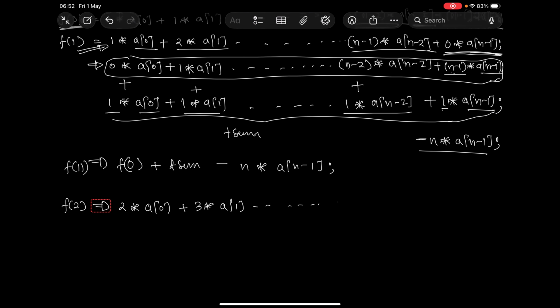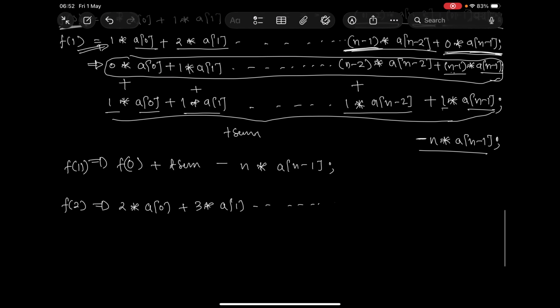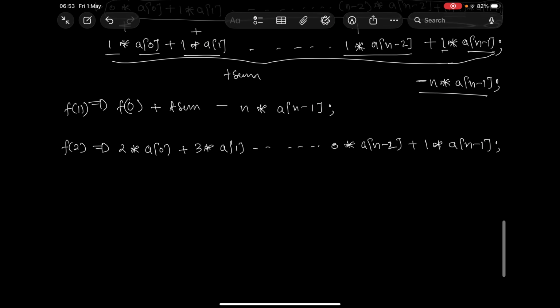For f of 1 this value was n minus 1, and we know that after n minus 1 it is 0. So it would be 0 into a of n minus 2, and after that 1 into array of n minus 1. Okay, this is how f of 2 normally looks.